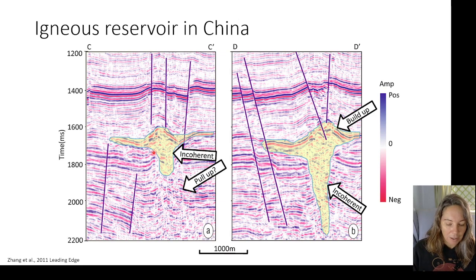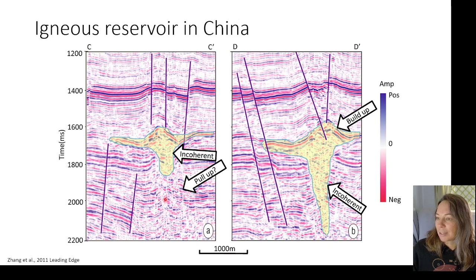So if you think back to Snell's law, if you reflect a lot of energy back up, that's less for you to transmit down. And so oftentimes beneath bright reflectors, you have more incoherent signals. They're also noticing a potential pull-up, and you can see they mark that with a question mark. Always good when you're not quite sure about your interpretation, but you want to make note of it.